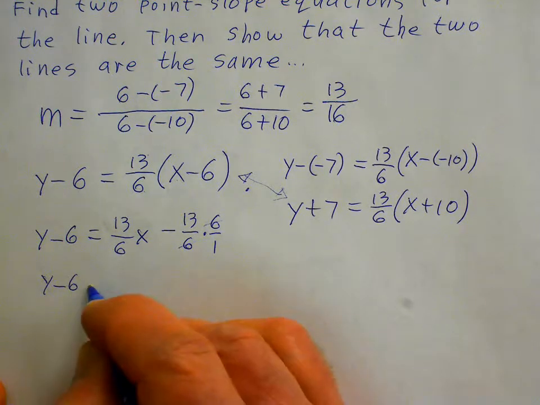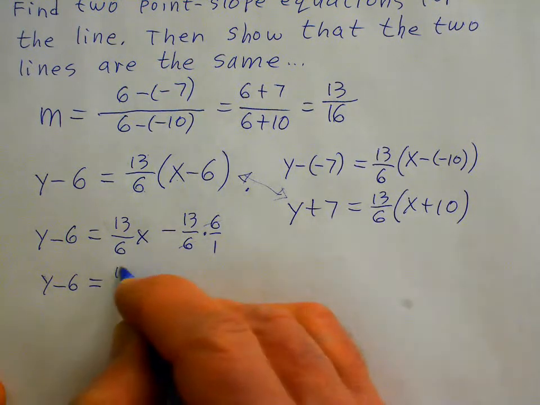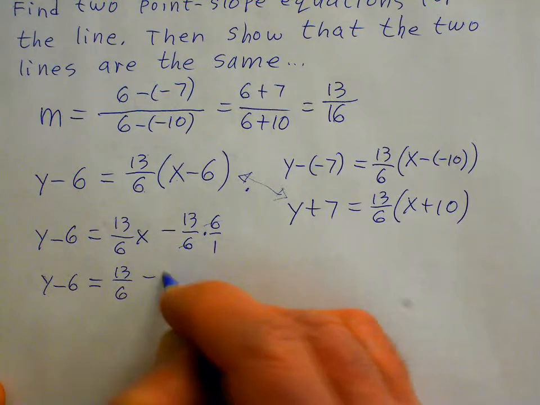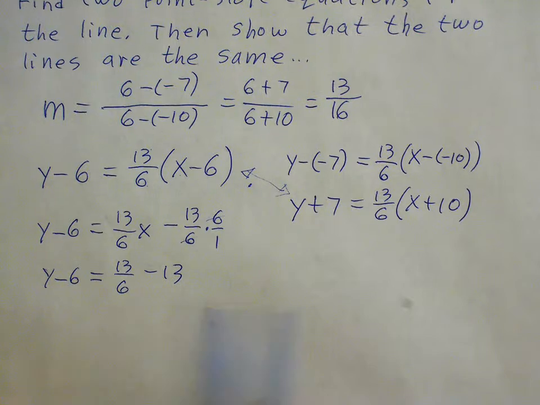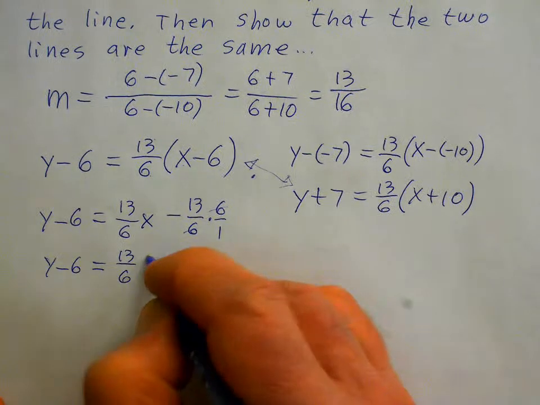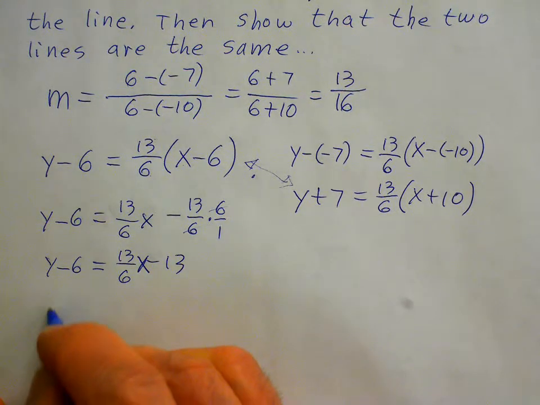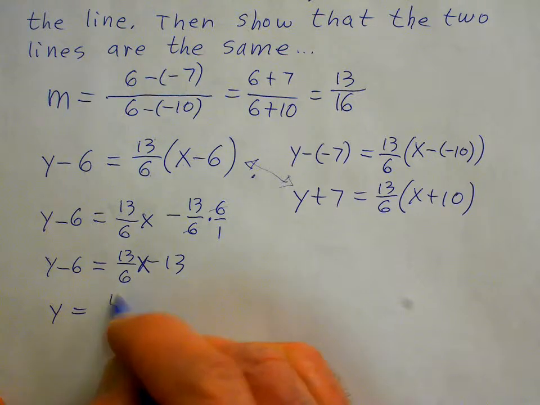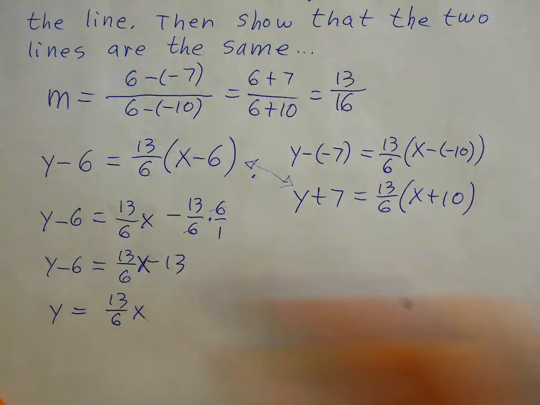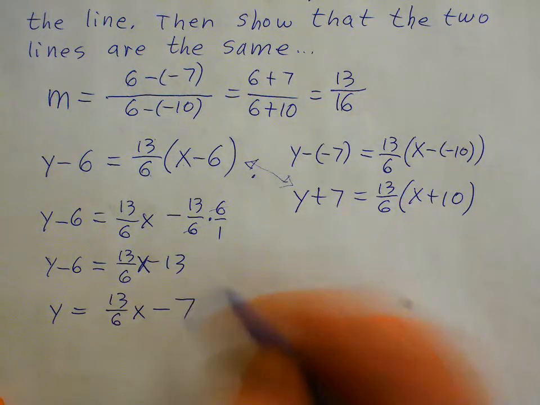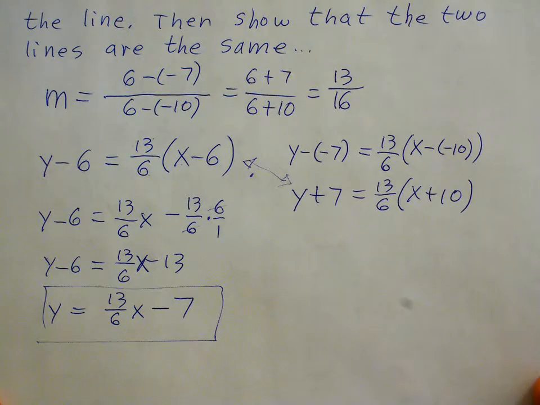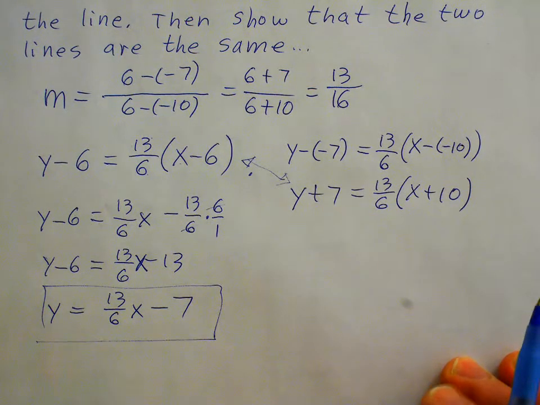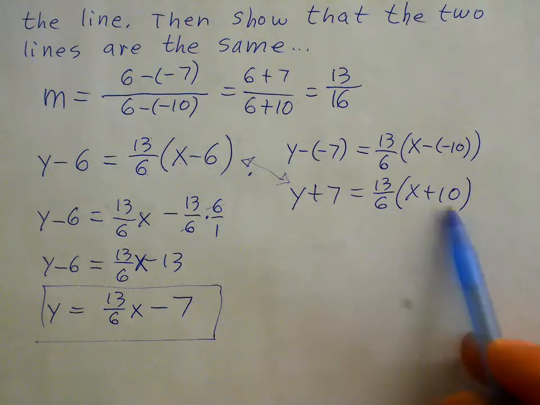So I'll rewrite this. Y minus 6 equals 13 over 6x minus 13. And then we'll add 6 to both sides. Whoops, I need the variable x in there. Add 6 to both sides. We get y equals 13 over 6x minus 7. This is the slope-intercept form. So do you think it's going to work out for us?